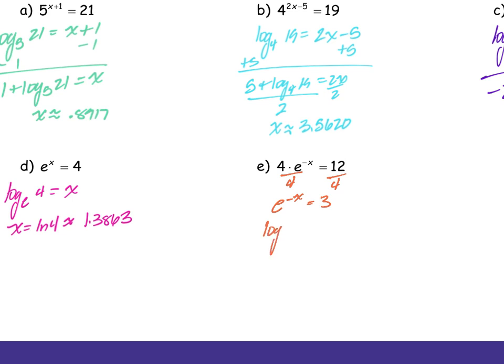So natural log base e of 3 equals negative x. So negative x is going to equal the natural log of 3. Divide by negative 1. So x is going to equal negative natural log of 3, which is approximately equal to negative 1.0986.